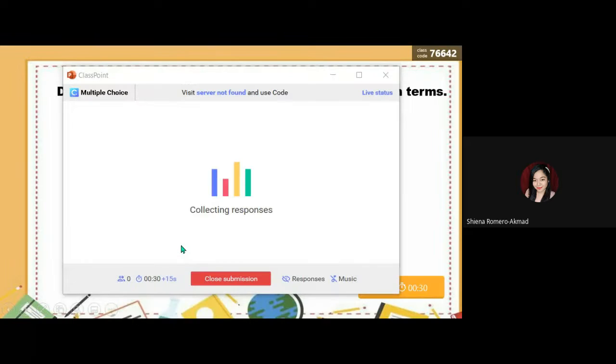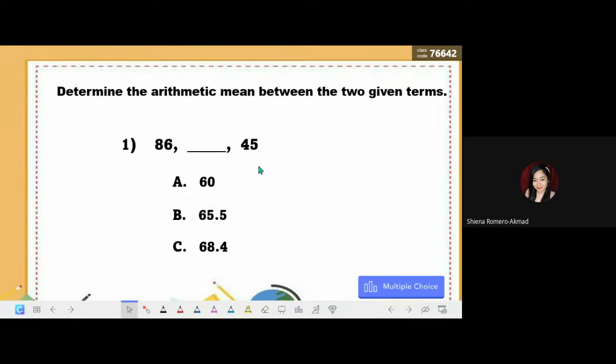Okay, let's look at other examples. Number 1. 86 blank 45. What is the arithmetic mean between these two given terms? Is it A, 60, B, 65.5, C, 68.4? Alin po dyan ang arithmetic mean? Yes, Ashley. B po.